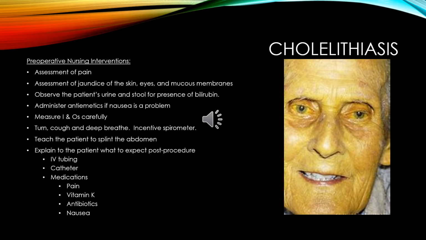You'd also look at their urine and stool to see if you can see any bilirubin spilling over in that. You would give them some antiemetics if they're nauseated, and if that becomes a problem, this is very important that you measure their I's and O's carefully and keep very, very close track of that.